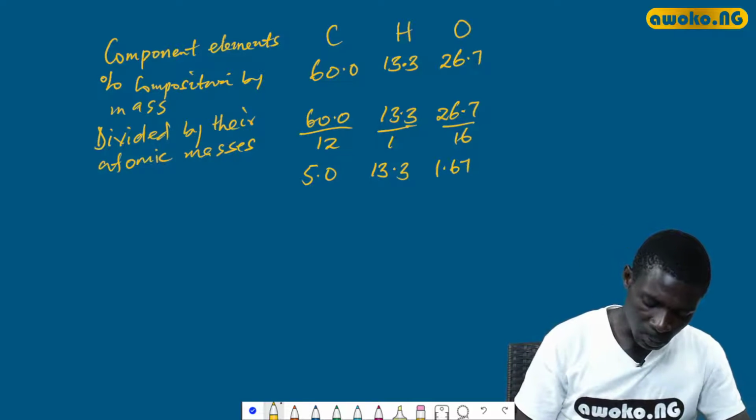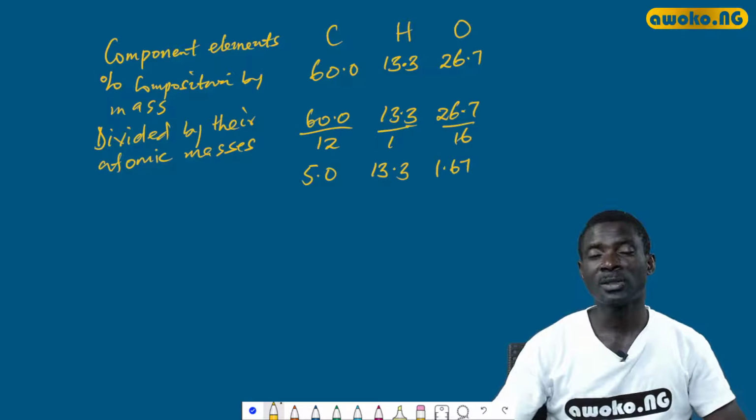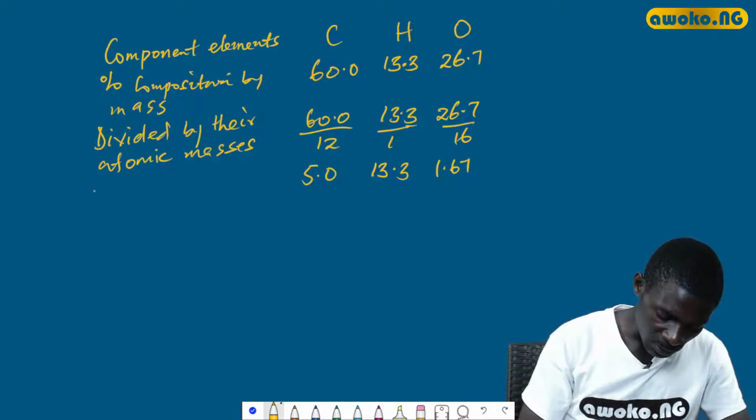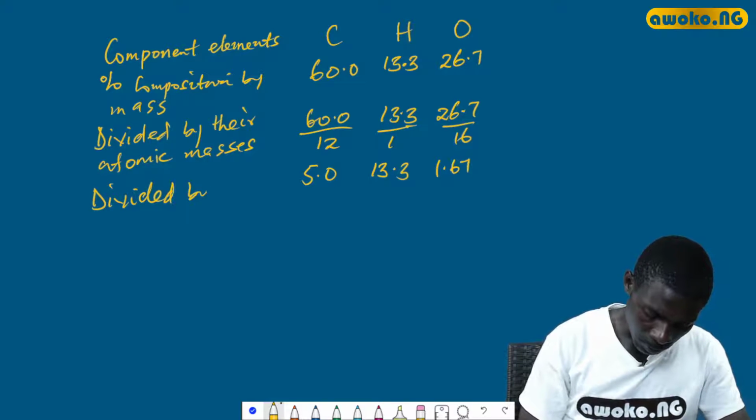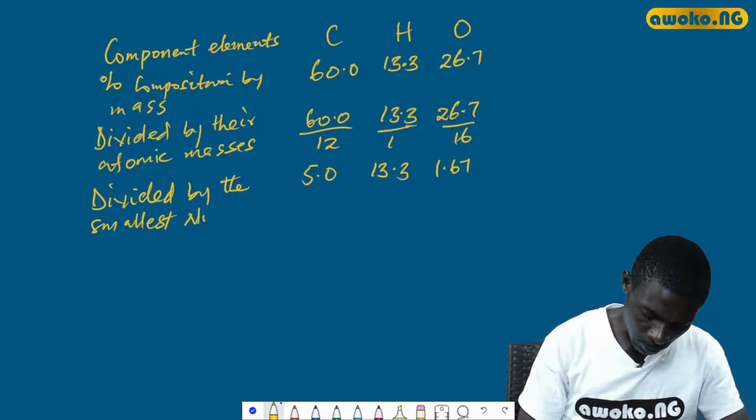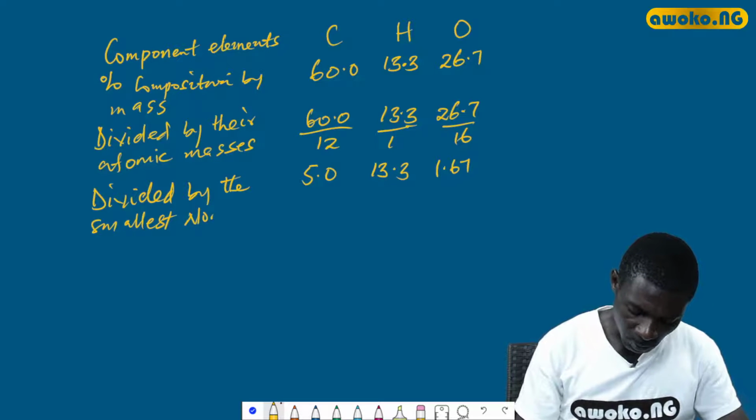The next thing we'll do is to look at the numbers we have here, pick out the smallest number, and divide all through by the smallest number. So we have 5.0 divided by the smallest number, which is 1.67.